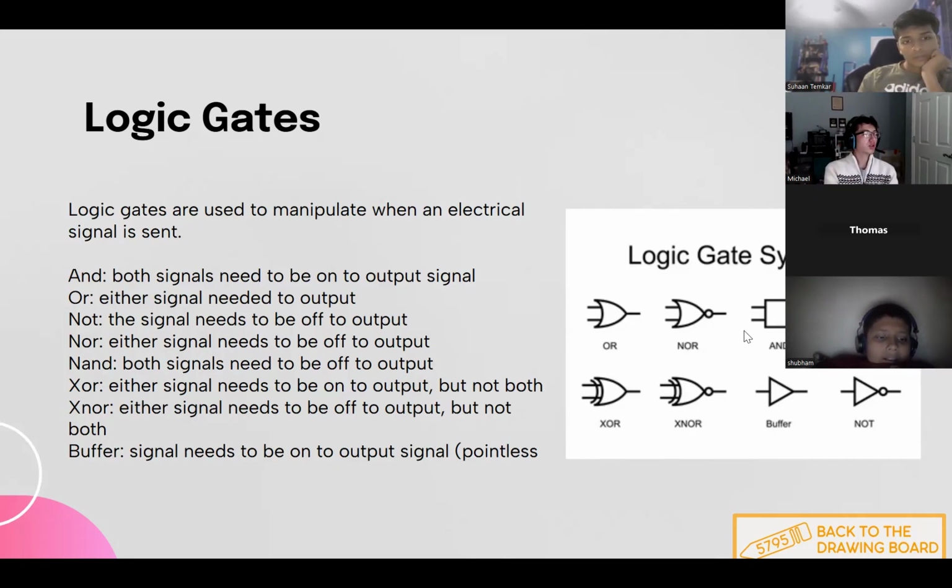But now we're going to talk a little bit about logic gates, and this gets into the digital side of circuits. There are two types of circuit signals, analog and digital. An analog signal would be like if you imagine a wave.